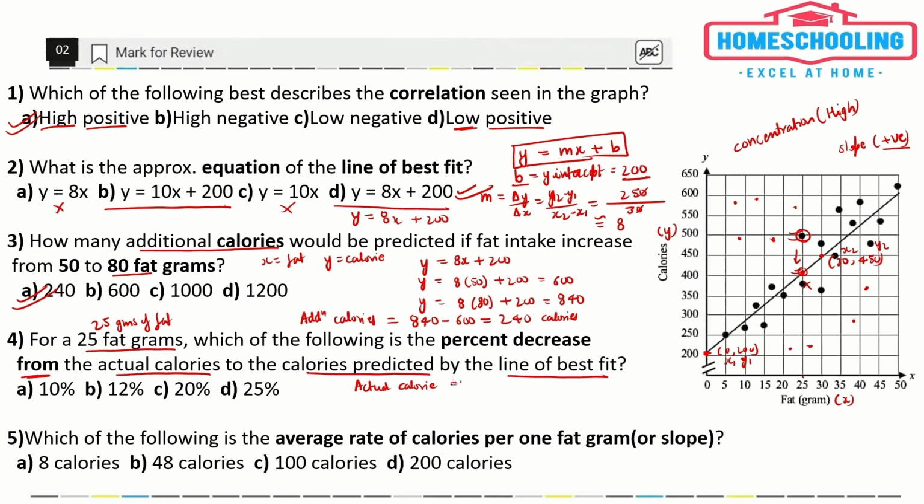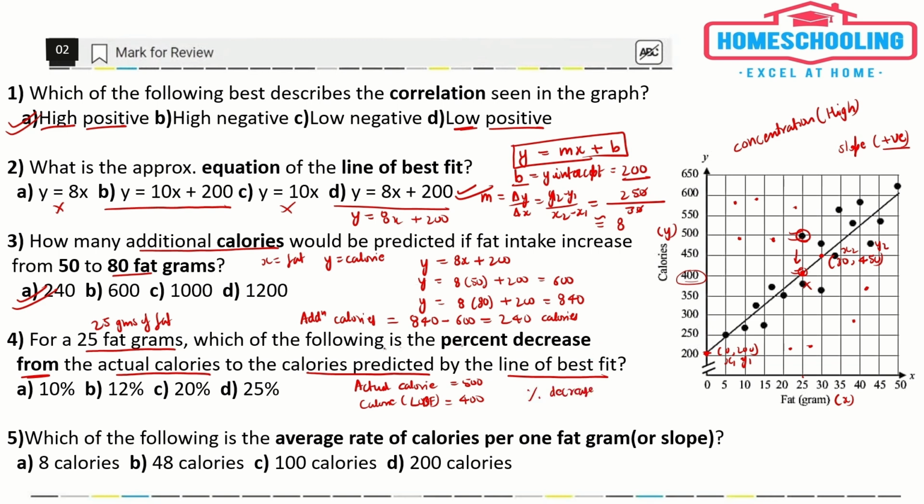And for the calorie on the line of best fit, for 25 grams, if we go from here to the line of best fit, we have 400 calories. Now we have to find the percentage decrease.